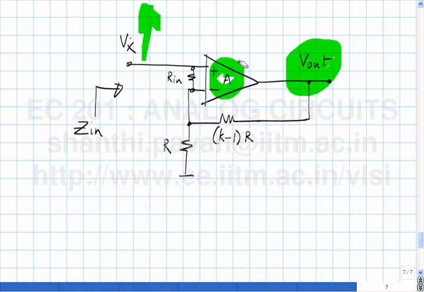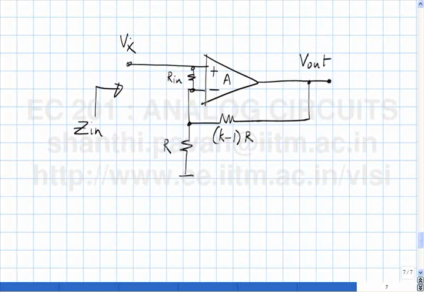Or another way of looking at it is, if the difference between these two is very small, it's equivalent to saying that if I yank this chap up, this potential will also go up by almost the same amount. If you yank one end of a resistor up and the other end of the resistor also moves up by almost the same amount, then the potential difference across Rn is very small.